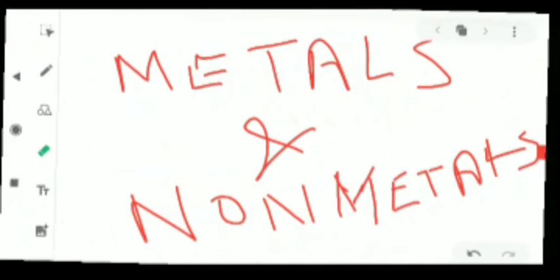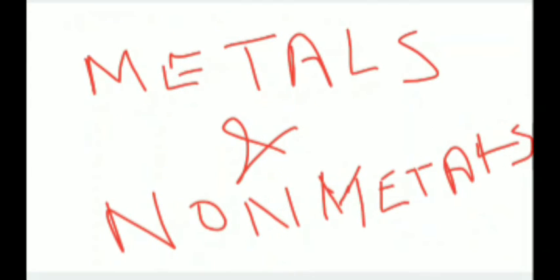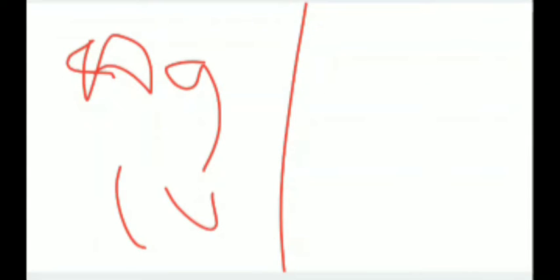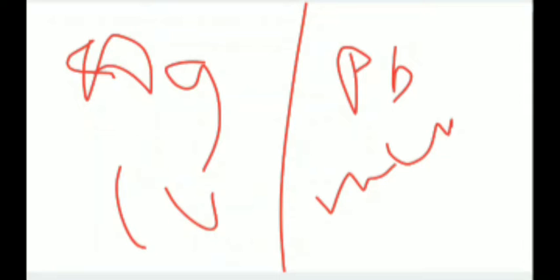Now, the best conductors are silver and copper, and the poor conductors are lead and mercury. Now sonorous.